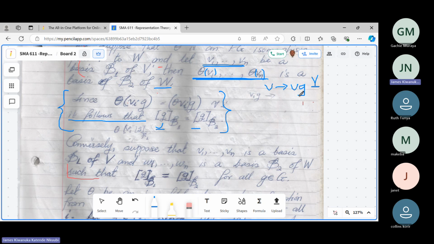Under this map, you'll be able to set up, because you're working in V now, your basis must be from V. So this gives you B1, right? And the representation you are looking for is this one.